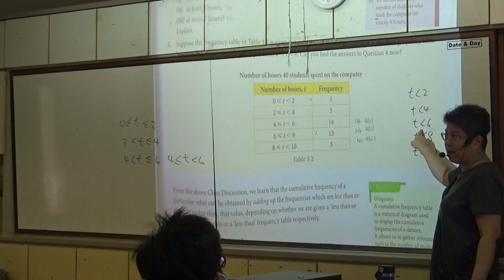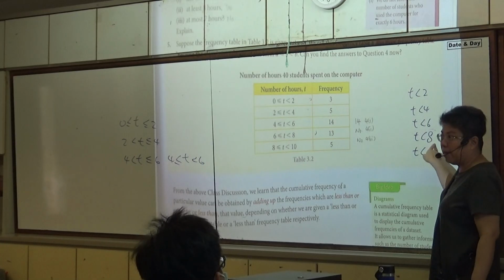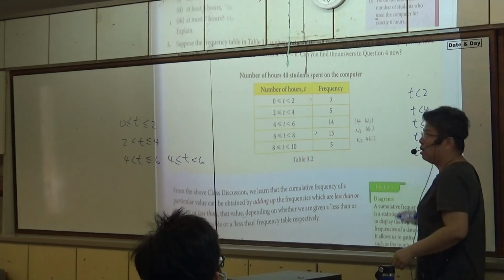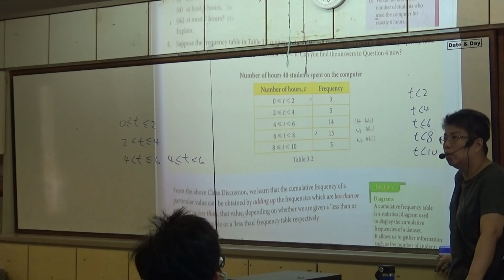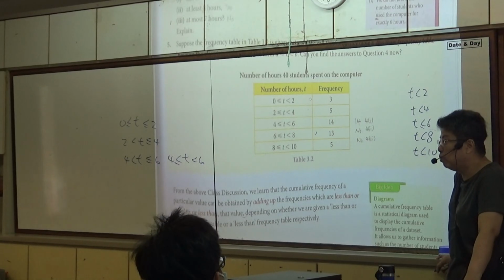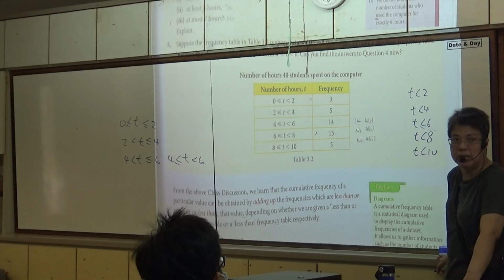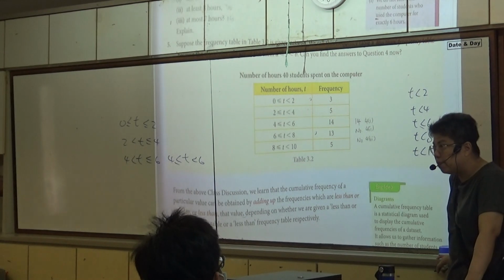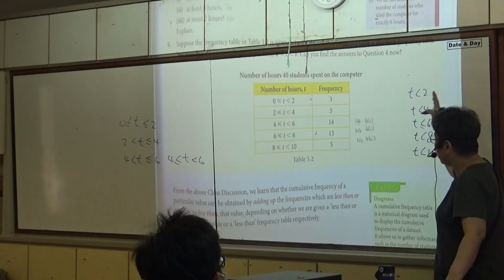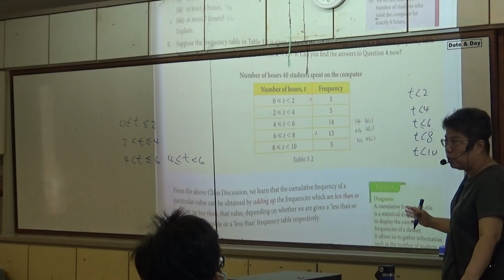I cannot have 6 here, right? 6 will be over the other side. What if it is like that? Then it's less than or equal to 6. 6 is included there. So we have to be careful which one, but in the exam it will be very, very clear which one it involves. So we can have a less than situation. We can also have a less than or equal situation.